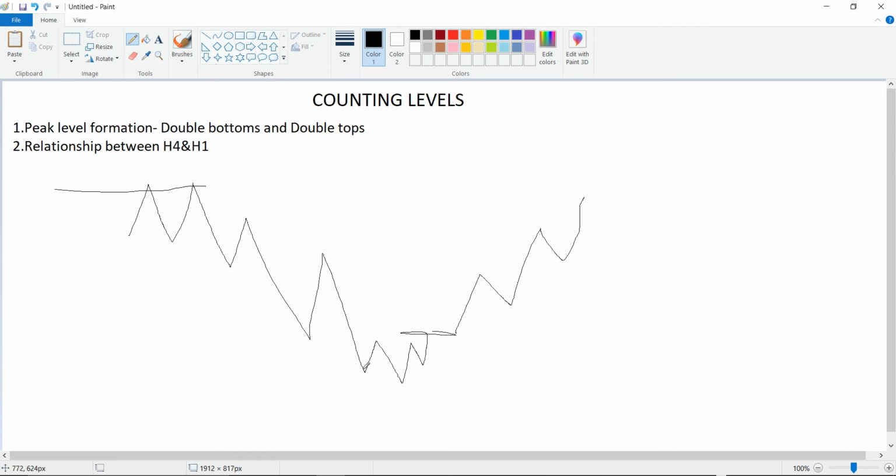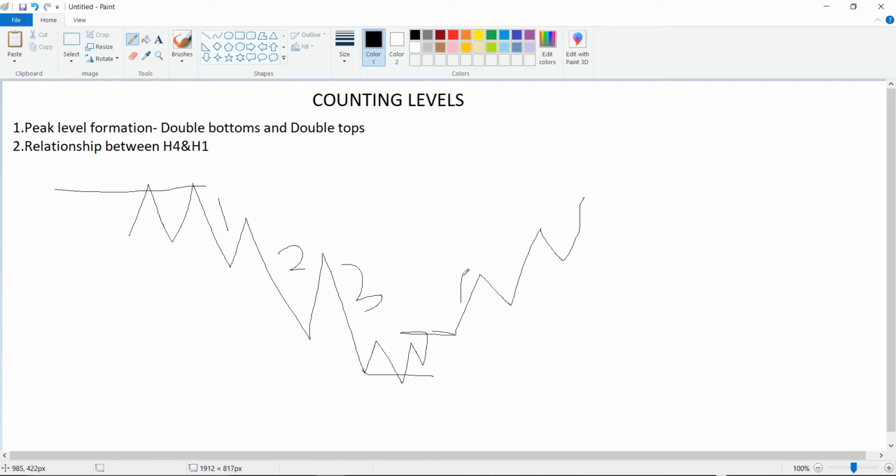This right here, the diagram is not so straight, but just look at it, is your double bottom. This is your first level, this is your second level, and this is your third level. Don't mind my diagram, guys. So this level 1, level 2, level 3 happens both in a downtrend and in an uptrend.